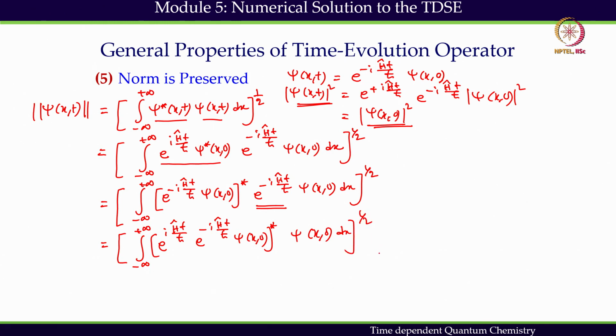So, this is nothing but psi x 0 star psi x 0 integrated from minus infinity to plus infinity. So, we are making use of the unitarity property of the propagator.